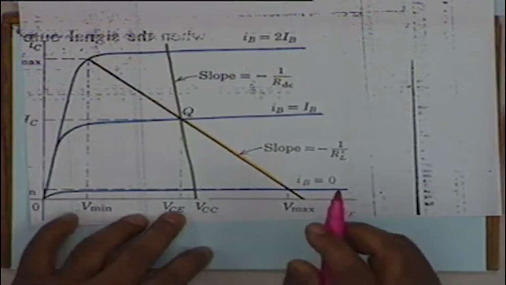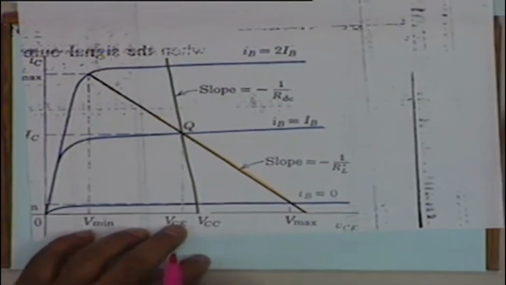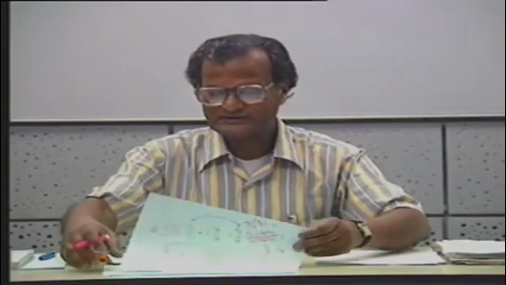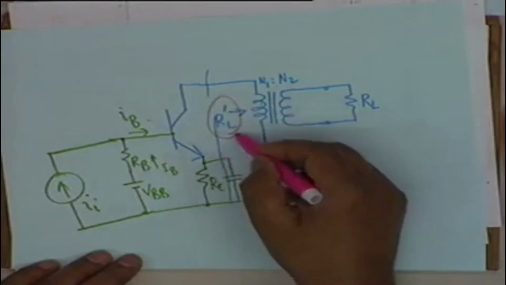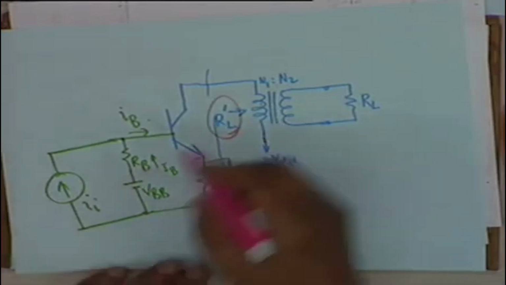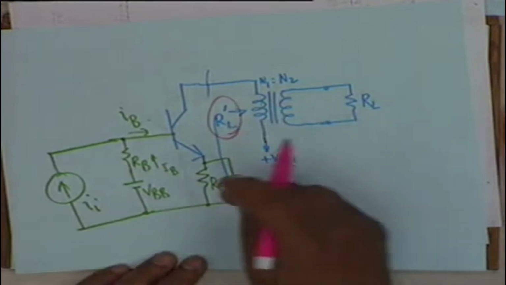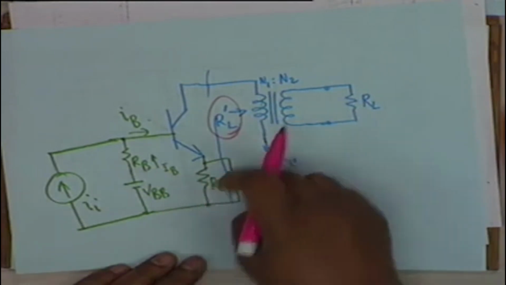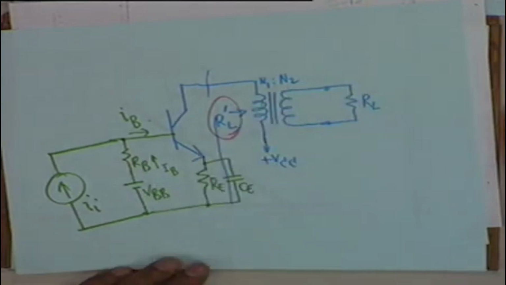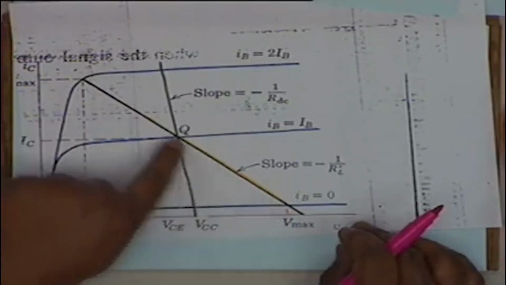And the slope of the AC load line shall now be determined by whatever resistance is seen by the primary, RL prime. AC load line slope shall be minus 1 by RL prime, because RE is approximately 0 and winding resistance approximately 0, and therefore on these characteristics you draw the AC load line.